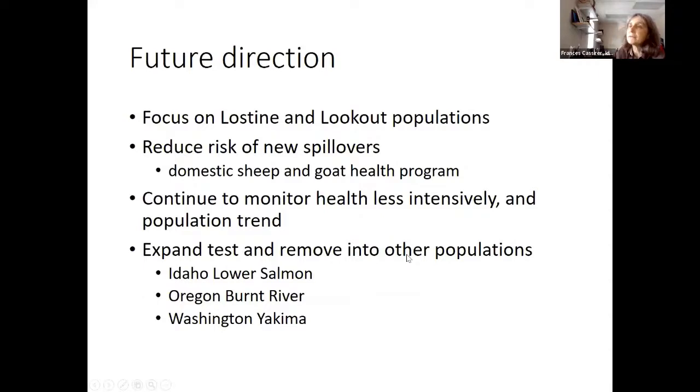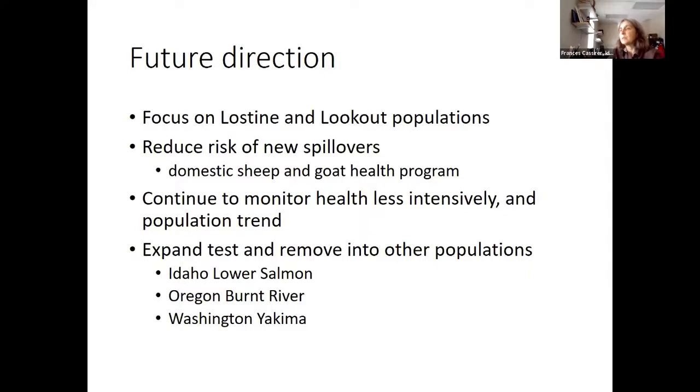So in Hell's Canyon, our future direction is to focus on clearing MOV from the Lostine and now Lookout, which you'll hear about today, and really trying to reduce the risk of new spillovers. And we have a domestic sheep and goat health testing program to help with that.